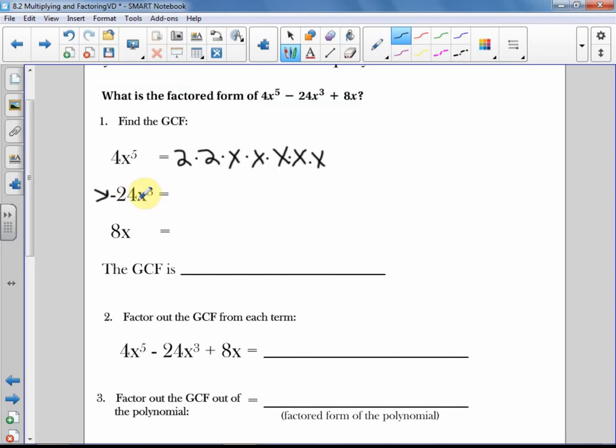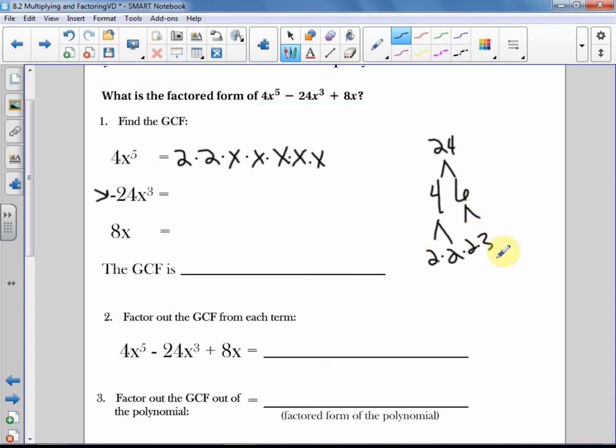I don't quite know that off the top of my head, so I'm going to use my factor trees to find the prime factorization. So I know that 4 and 6 multiplied together give me 24. Neither of those are prime numbers, but I know that 2 times 2 will give me 4, and 2 times 3 multiplied together will give me 6.